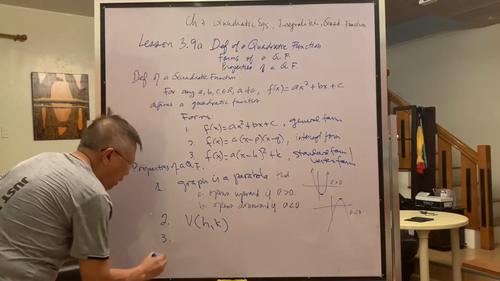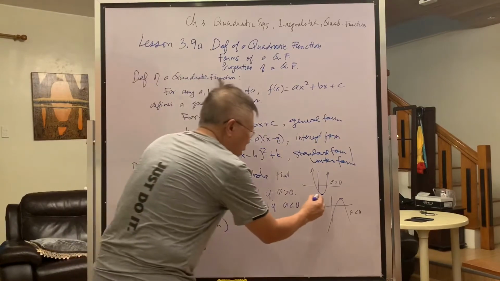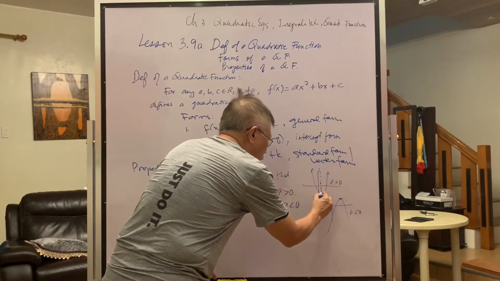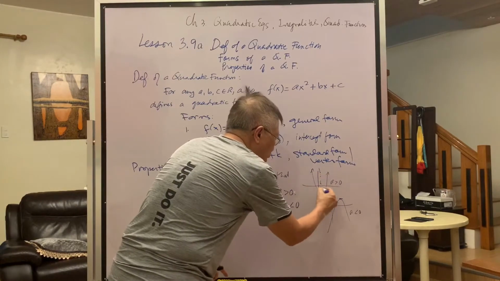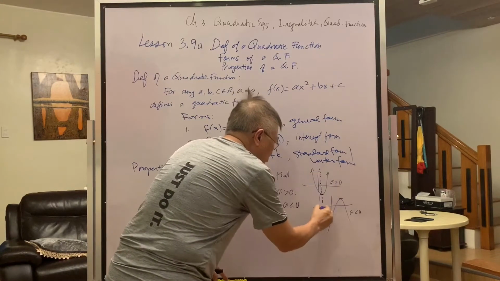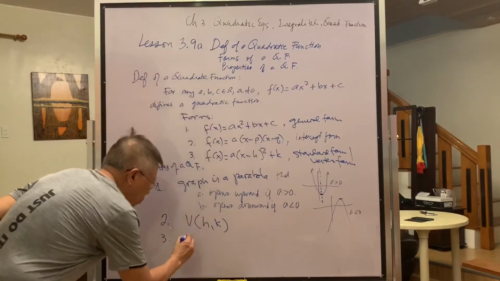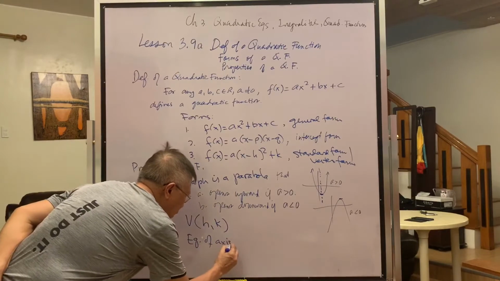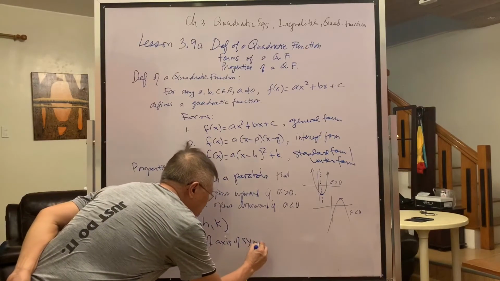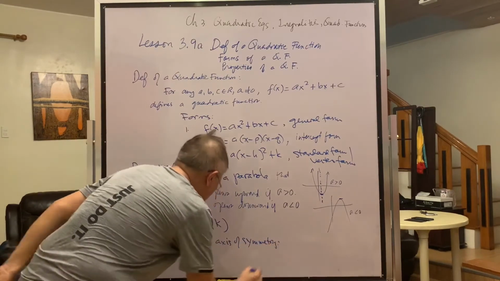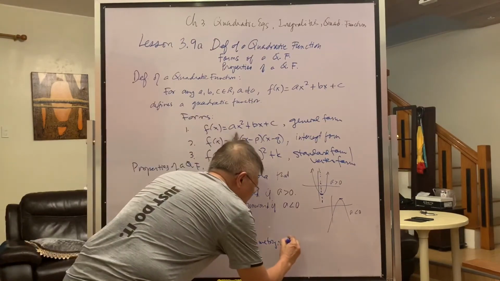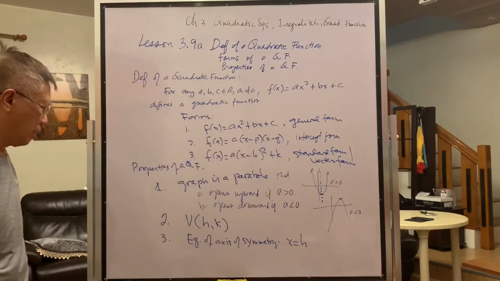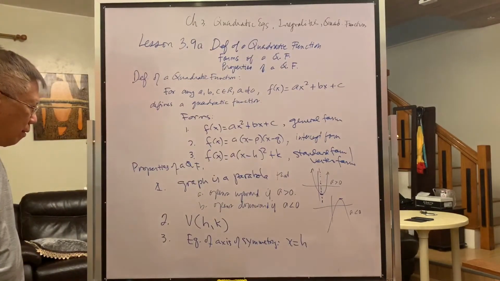And number 3 here, the x-coordinate of that vertex will split this graph into 2 parts, which are symmetric with respect to that line. So we have an equation of axis of symmetry given by the x-coordinate of the vertex. So x equals h. Okay?